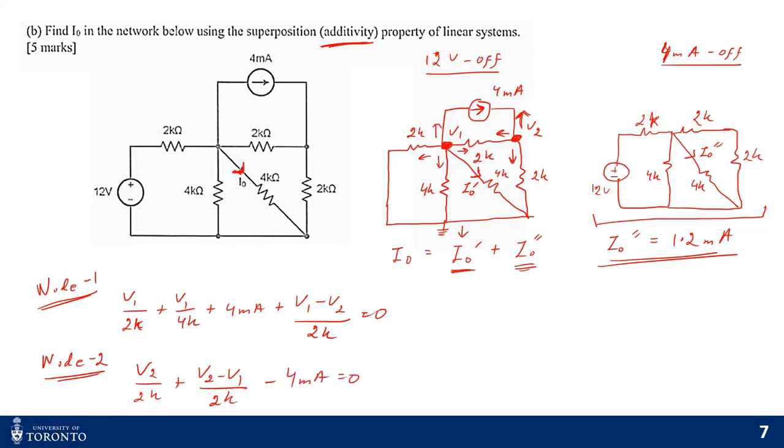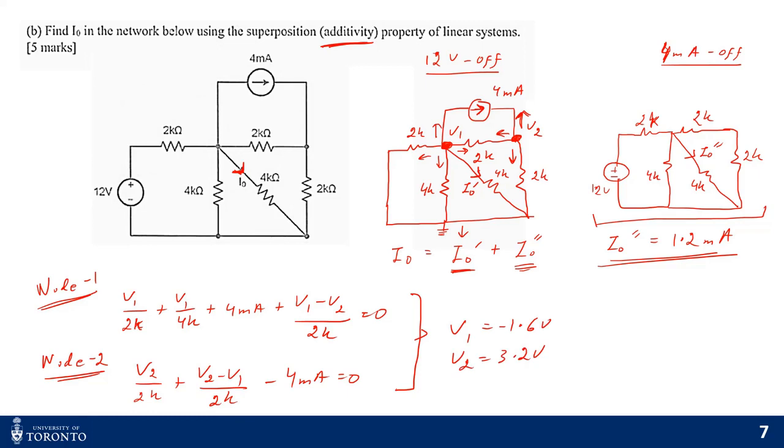So two nodes, two unknown voltages, two equations. Once you solve these two equations, you will find that your V1 is minus 1.6 volts and your V2 is 3.2 volts, right?